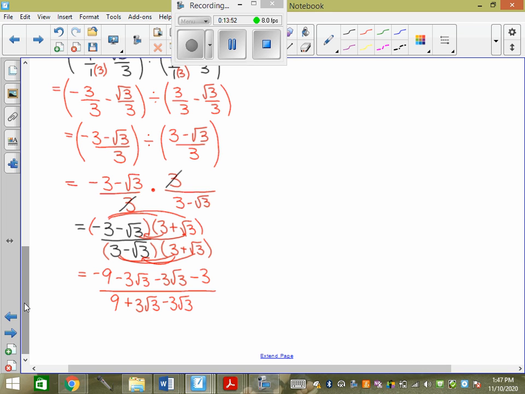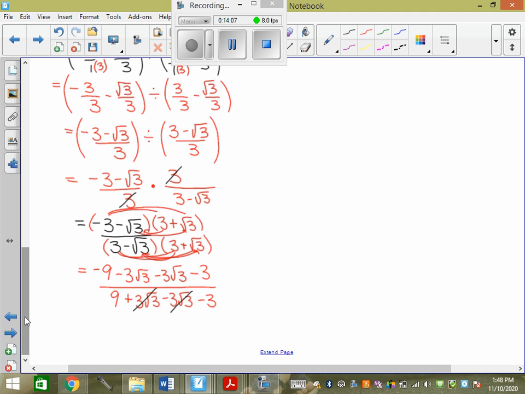And this is why you multiply by the conjugate, because your middle terms go away. That was the point of it. Because you get one positive and one negative. And then you do minus root 3 times root 3 is minus 3. So on the top, I have negative 9 minus 3, which is negative 12, minus 6 root 3 over 6.